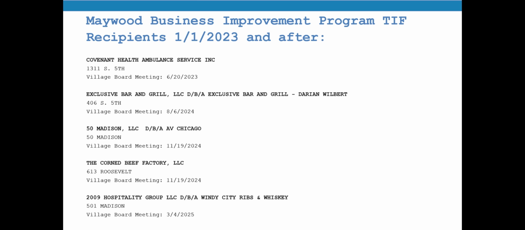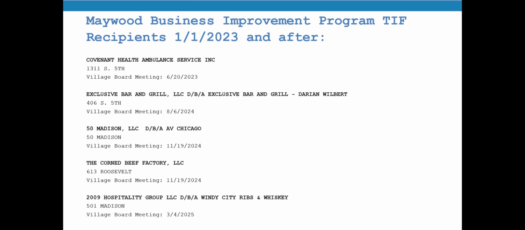The Exclusive Bar and Grill, Welcome to Maywood, received funds in August of 2024. The 50 Madison LLC received $25,000 in November of 2024.